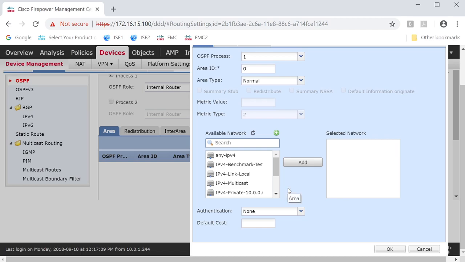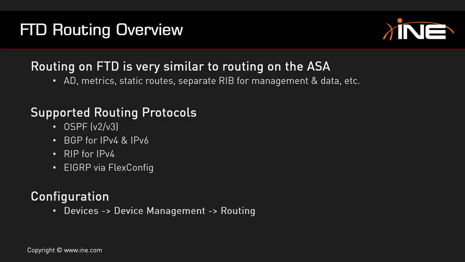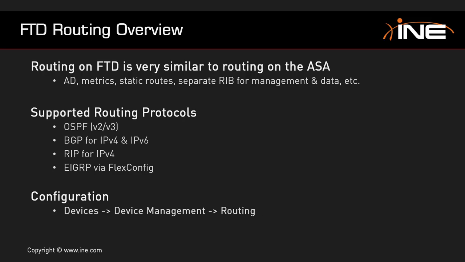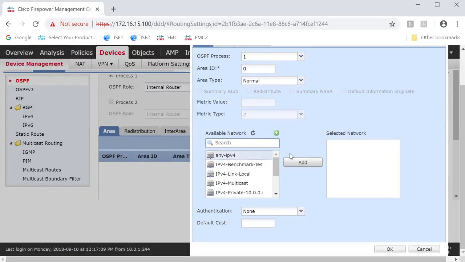But what I will do instead, since I'm going to assume that we will want to enable OSPF on all interfaces over here, here, and here, I will simply say that I want to run OSPF on all IPs. This is the default route. So enable OSPF everywhere.